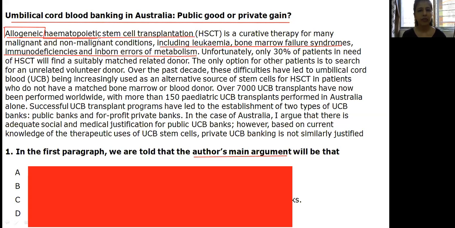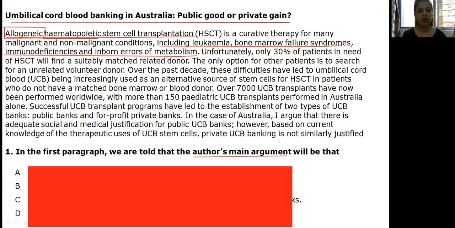Hemopoietic is the immature blood cells, right? The blood cells which are not yet fully grown is hemopoietic. Yes. Allogenic refers to the blood from the same species, but not necessarily with the same genetics.